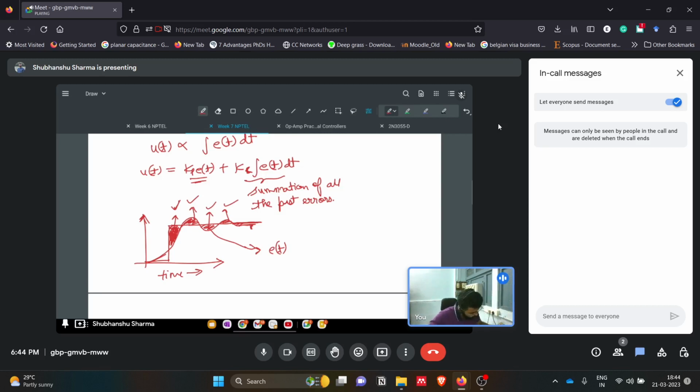So what happens if the error is large? If the error is large, the integral mode will make the controller output fast.